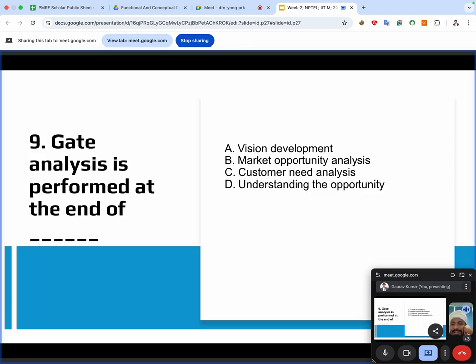I think many of you have seen the answer. What is the right answer? Vision development, market opportunity analysis, customer need analysis, or understanding the opportunity. Gate analysis is performed at the end of. Please answer, whether you are right or wrong doesn't matter.